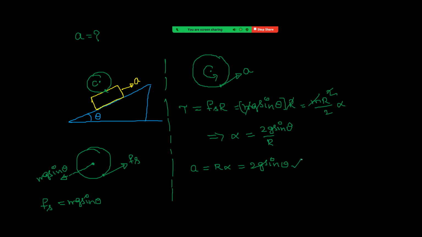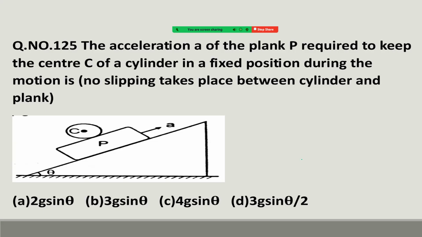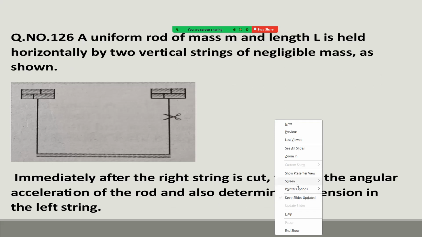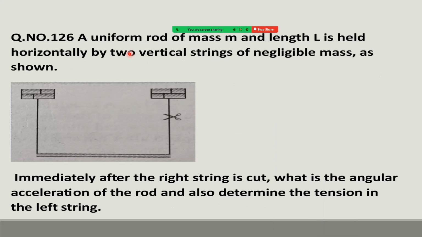Let us see the next one. See the question given. A uniform rod of mass m and length L is held horizontally by two vertical strings of negligible mass, as shown.